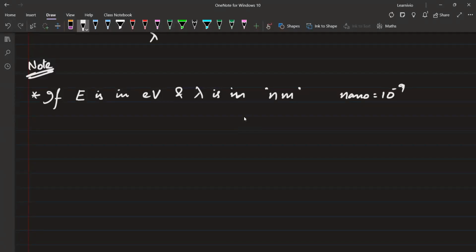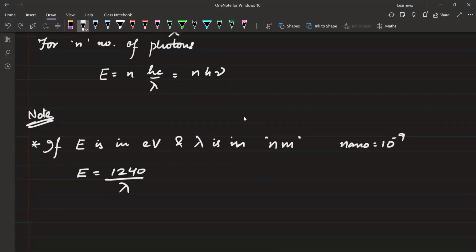So nanometer क्या होगा? 10 to the power minus 9 meter. Then we can write energy is equal to 1240 divided by lambda. ठीक है, ये फॉर्मूला हो जाएगा h and c. If you remember, hc upon lambda, h is also a constant, c is also a constant. ठीक है, और lambda में आपने क्या किया है, lambda is in 10 to the power minus 9. So after those calculations सारे constant को मिला के आपको क्या मिलेगा, 1240.